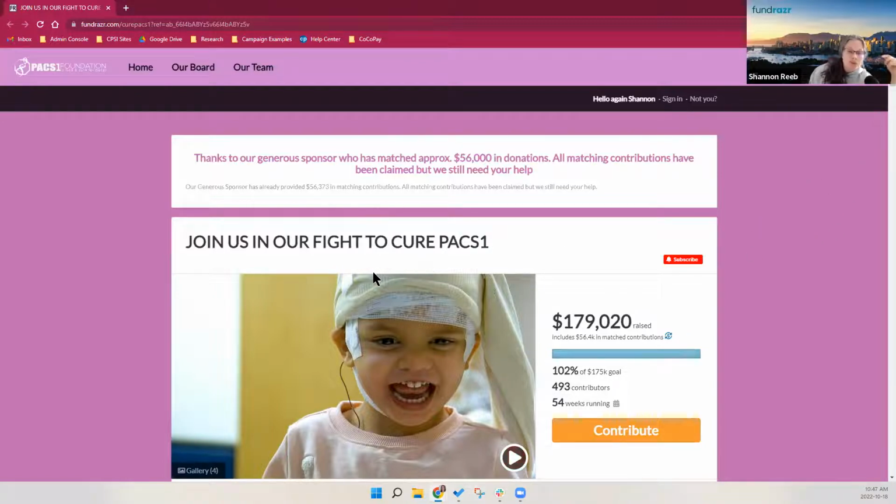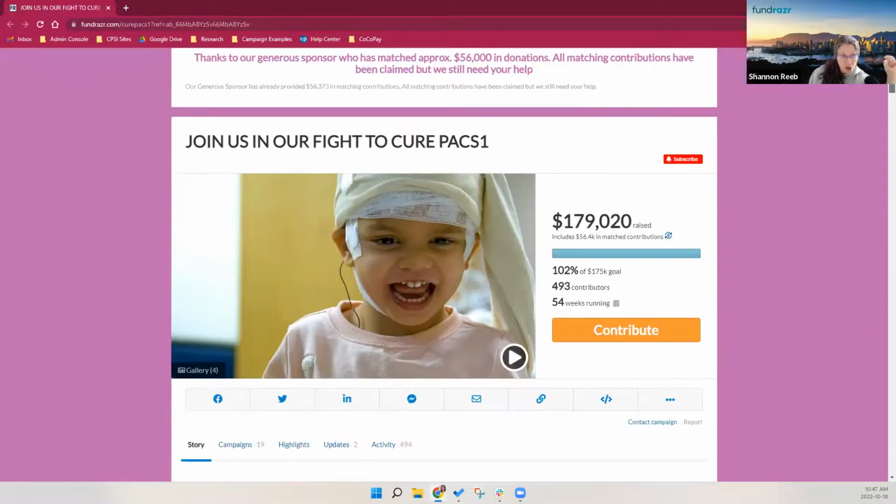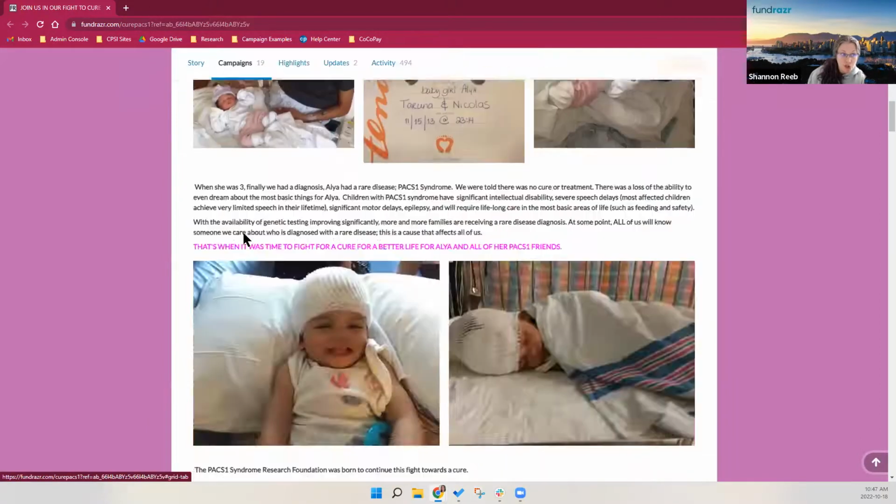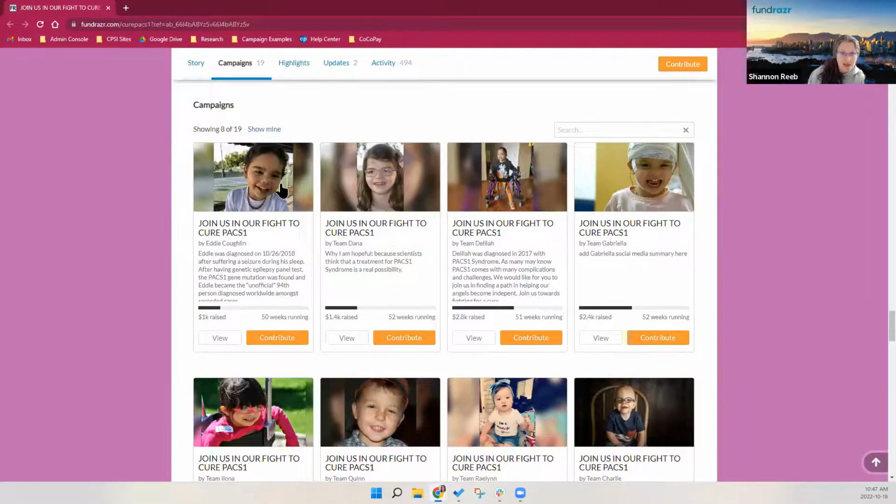But the woman who started the PAX1 Foundation is the mother of this beautiful little girl here. And what she did was she called on her network of families who have children with this disease. And now we have micro projects, and each project is the story of a child who suffers from this condition.